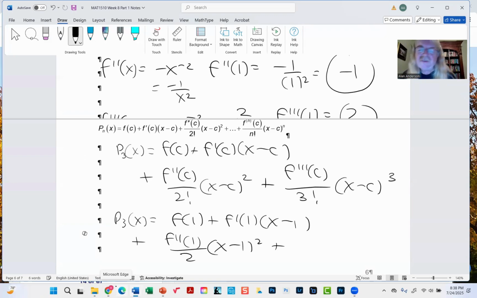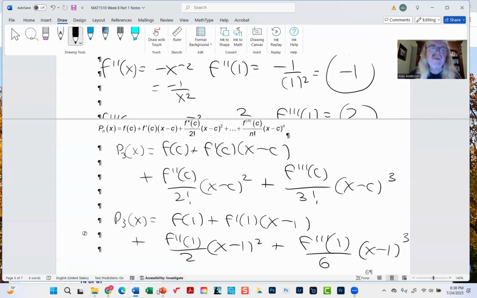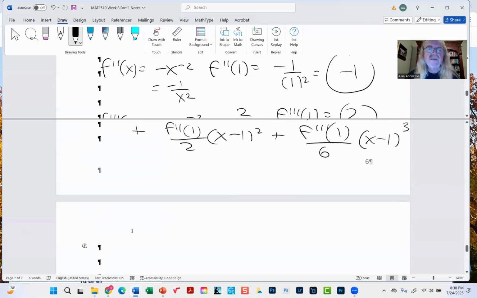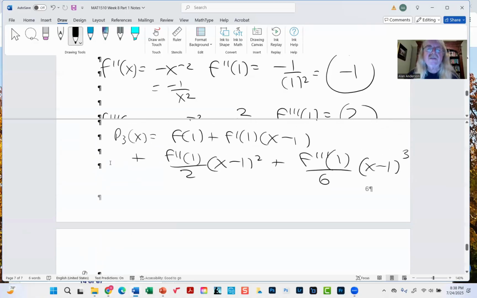Now 3 factorial is 6, so this one becomes f triple prime of 1 over 6, x minus 1 cubed. So this one is getting kind of messy here. So we can certainly do this if we need all this accuracy. If we don't, you can see that it could be overkill.